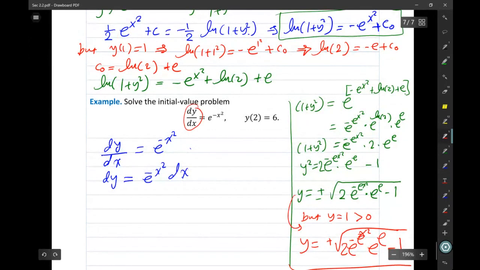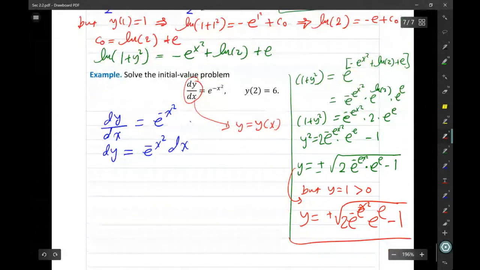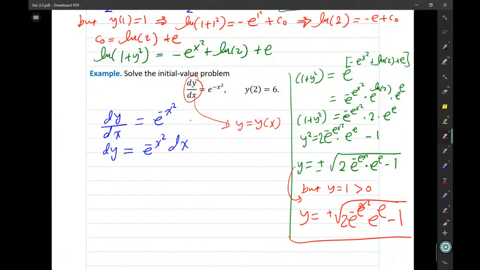When we said dy by dx, this means y is a function of x. Therefore, dy here will be y prime of x times dx.